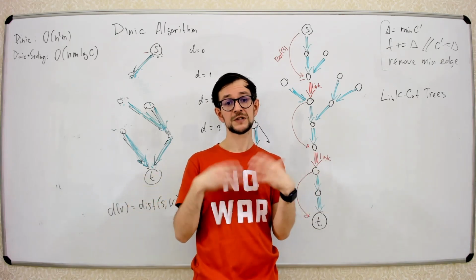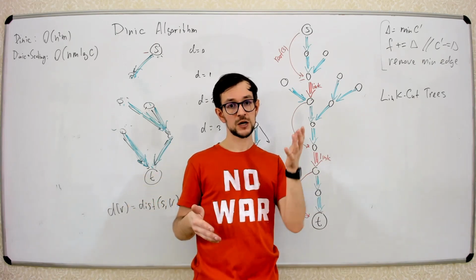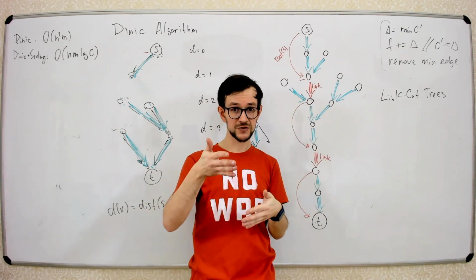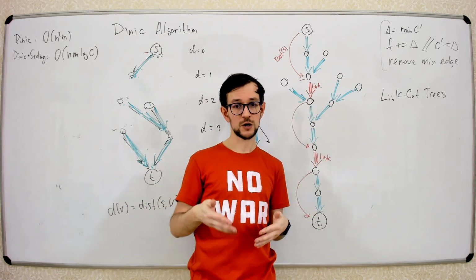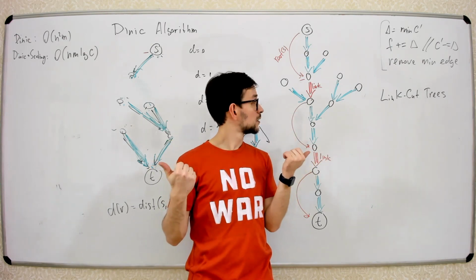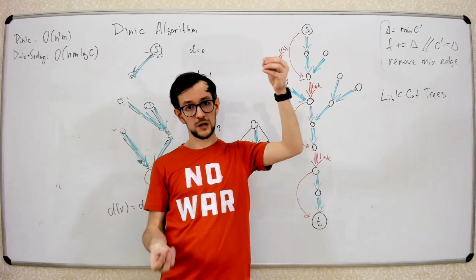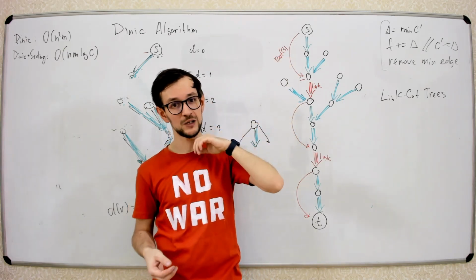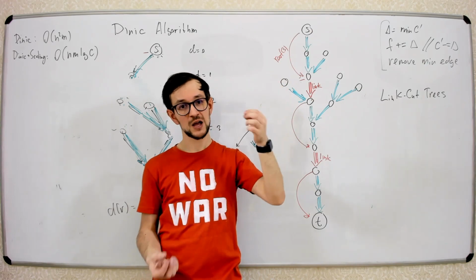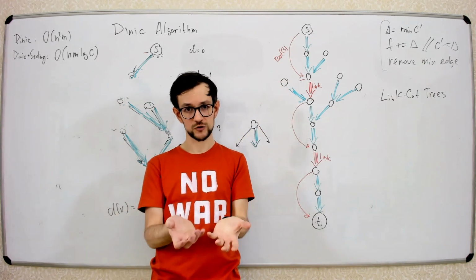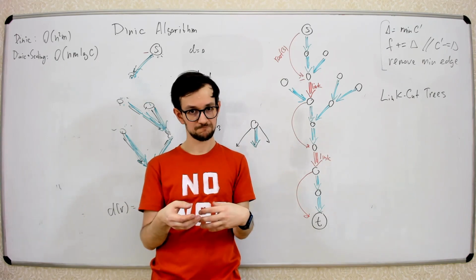So again, what happens in a link-cut tree? A link-cut tree decomposes your tree into some set of paths, and for each path you maintain a splay tree. If you want to have it in log n time, you make a splay tree. And in this splay tree, you calculate this function for the subtree, like in a segment tree.